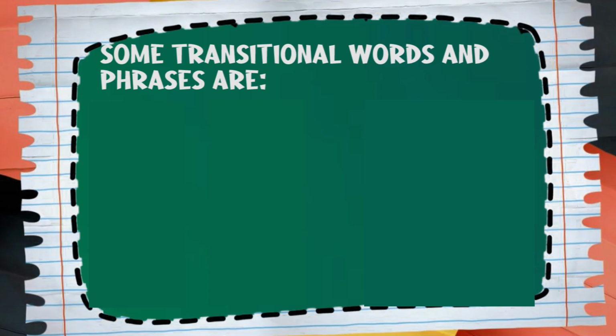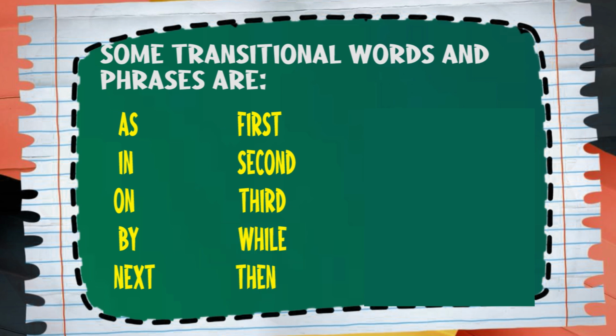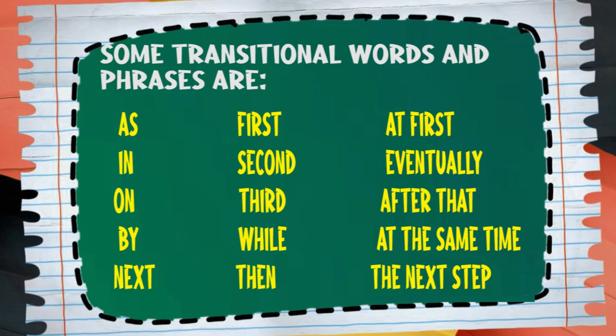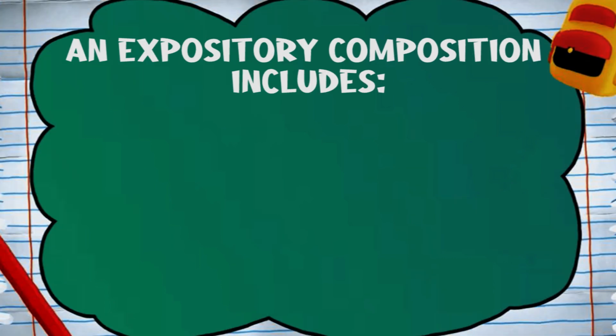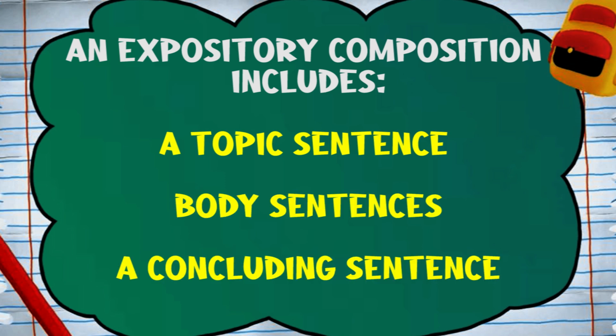Some of those transitional words and phrases are: first, second, third, next, while, then, at first, eventually, after that, at the same time, the next step. An expository composition includes a topic sentence, body sentences, and concluding sentence.